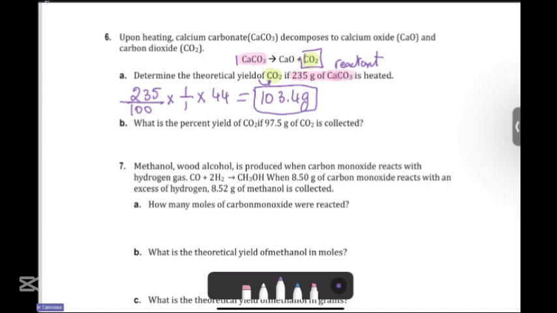Now, what is the percent yield if 97.5 is collected? See, it's always less. We were supposed to get 100. We got 97.5. So 97.5 over the theoretical yield times 100. That's a 94.3%.